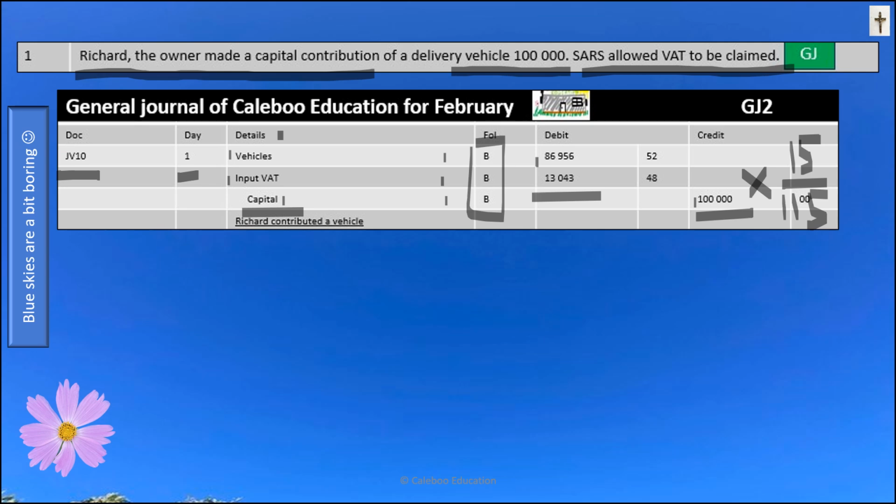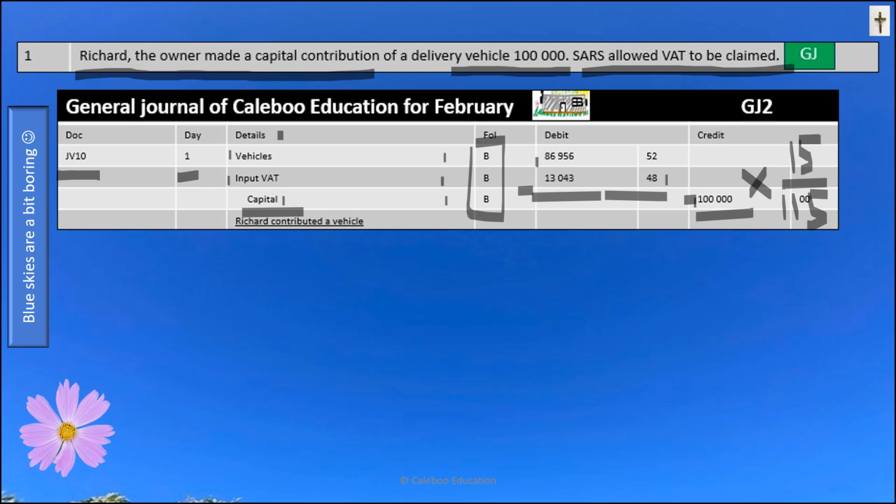We take the inclusive amount of 100,000, we multiply by 15 over 115, because VAT is 15%, that's where that 15 comes from. If it was 10%, it would be 10 over 110. And when we do that, we get 13,043.